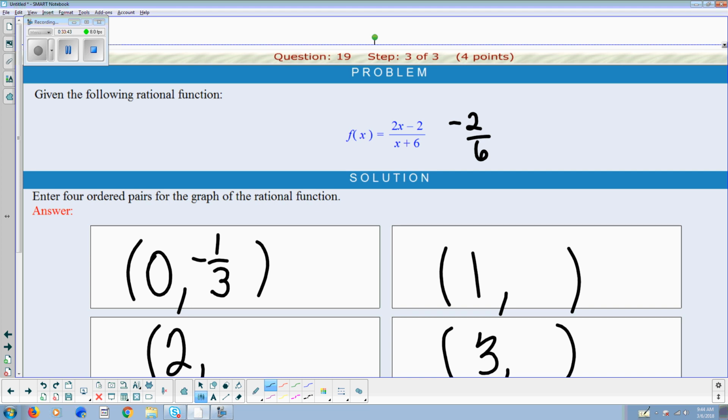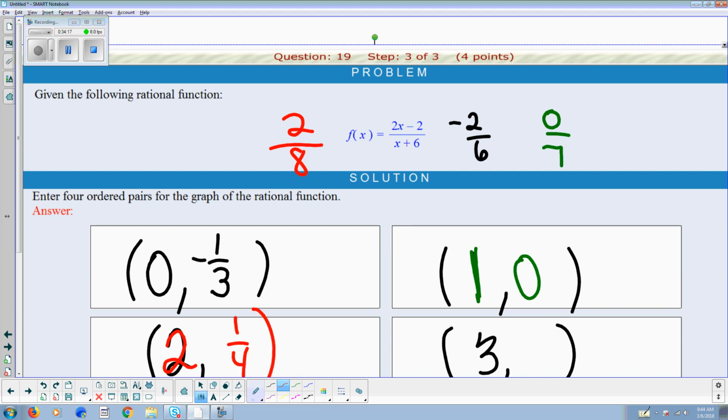Better reduce. Okay? If I substitute in a 1, 2 times 1 minus 2 will be 0. And 1 plus 6 is 7. 0 divided by 7, I get 0. If I substitute in a 2, 2 times 2 is 4, minus 2 gives me 2, and 2 plus 6 is 8, and 2/8 is 1/4.